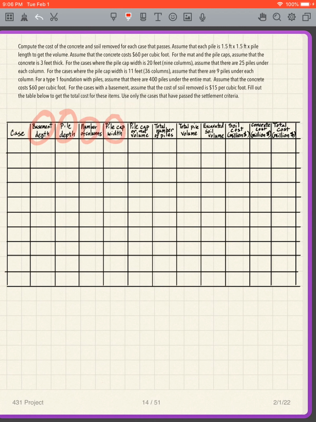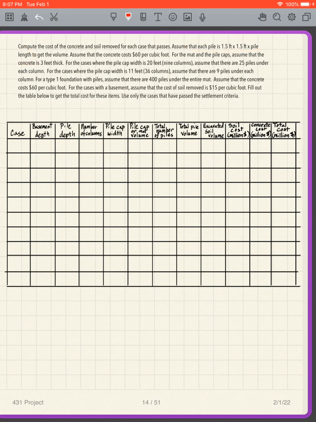This will guide you to figure out the volume of the concrete. And these details tell you what to assume with regard to these dimensions. So we're going to assume that each pile is 1 foot by 1 foot by the pile length. That's how you get the volume of the concrete for the pile. Actually, they're not 1 foot, they're 1.5 feet by 1.5 feet.